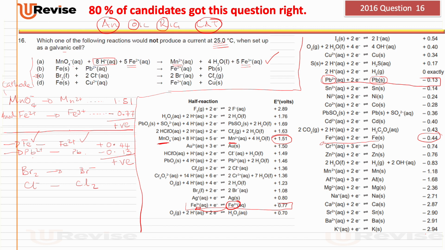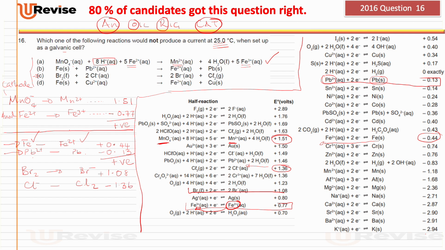The bromine going to bromide ions, this one right there, is 1.08. And chloride ions going to chlorine is going the opposite way, so we have to reverse that one. It becomes minus 1.36.